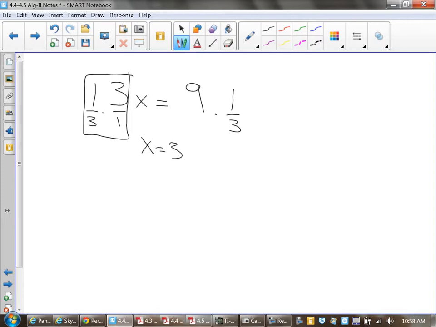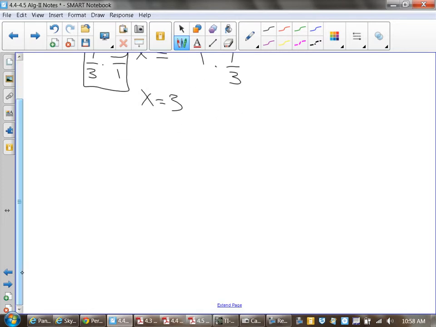Now, one of the things that you might not have remembered is how you can rewrite 1/3 via an exponent. Remember that? Let's see if you remember this. How much is 3 cubed? 27.